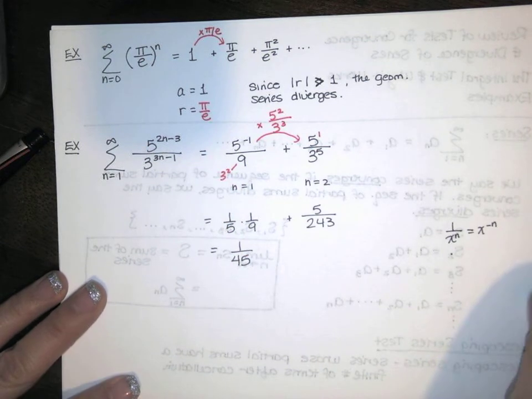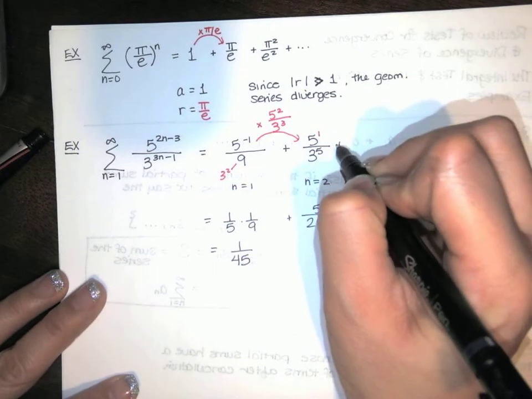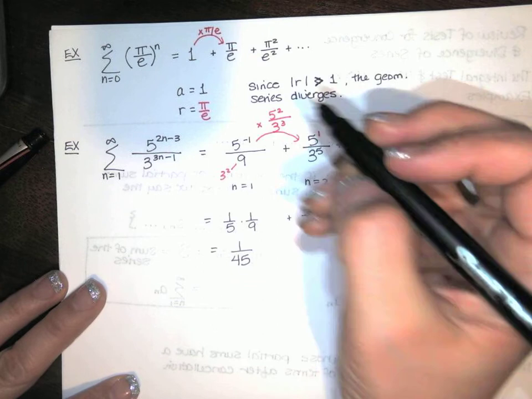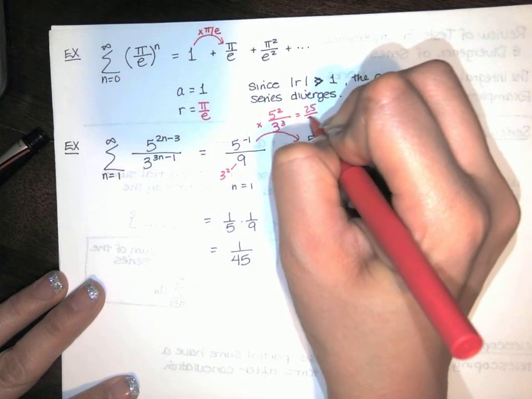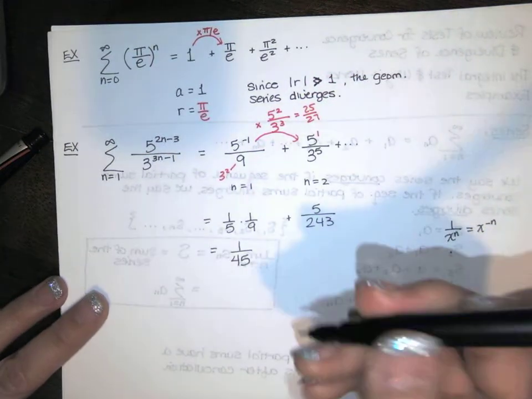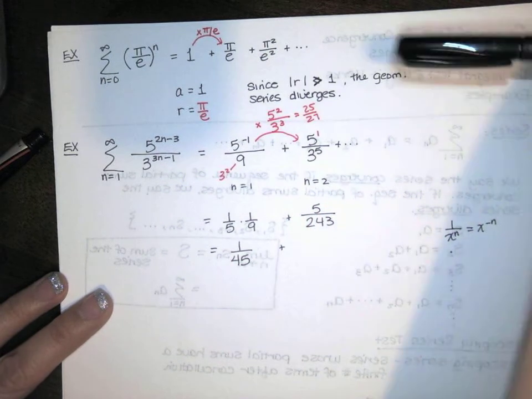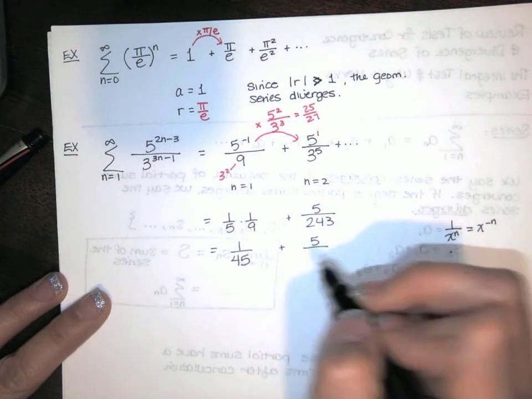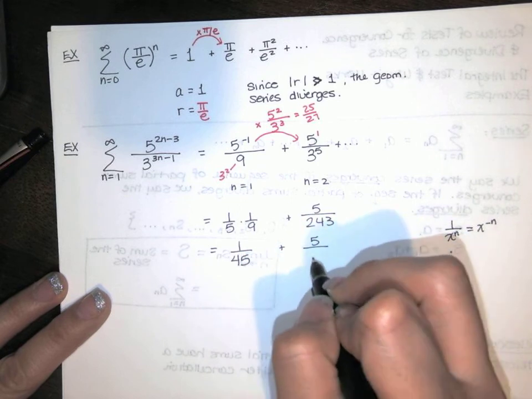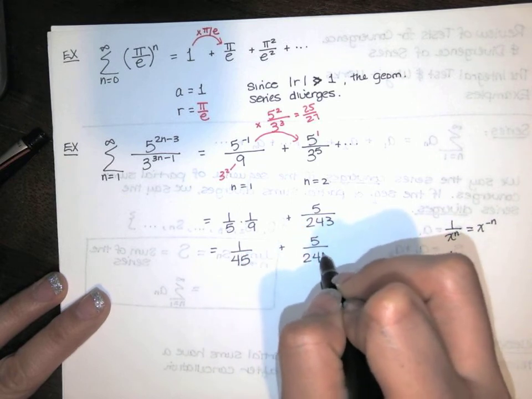So my common ratio turns out to be 25 over 27. If I multiply 1 over 45 by 25 over 27, I get 5 over 243.